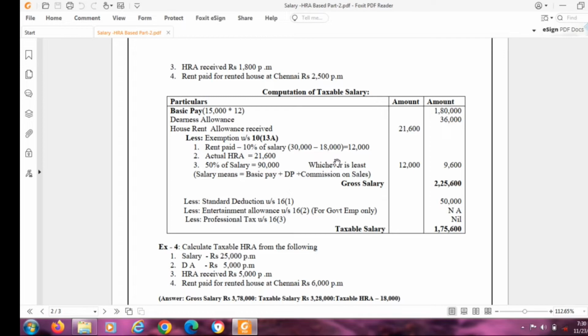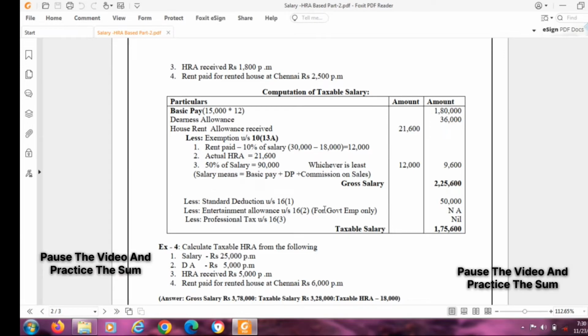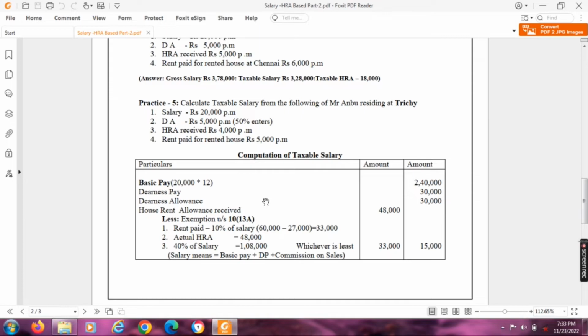Shall we go for practice 5? Calculate taxable salary from the following of Mr. Anbu residing at Trichy. The place of residence was given clearly as Trichy. Salary 20,000 per month, DA 5,000. Here 50% enters. That means out of 5,000, 2,500 per month will be accounted as dearness pay. That will be treated as basic.